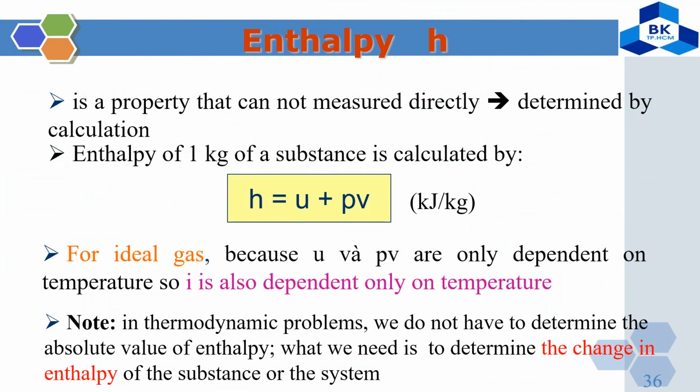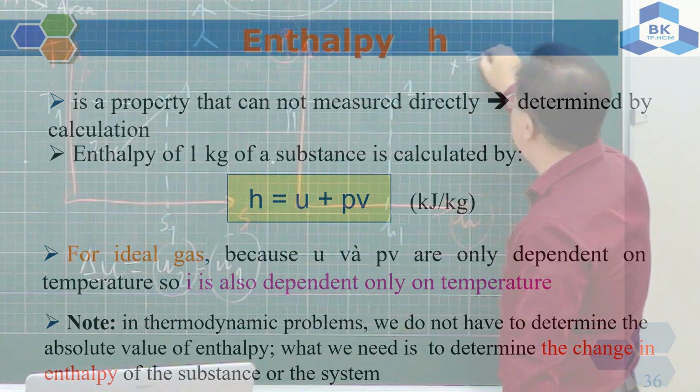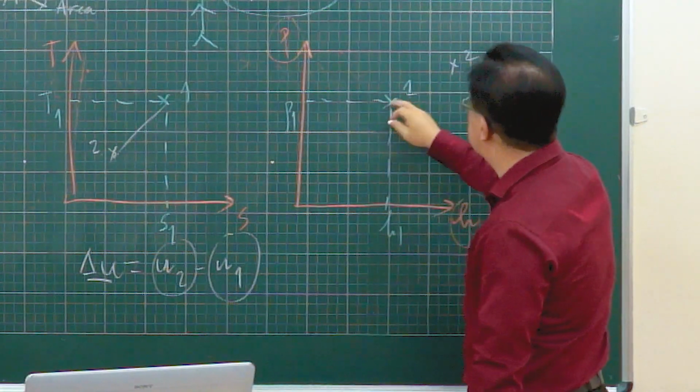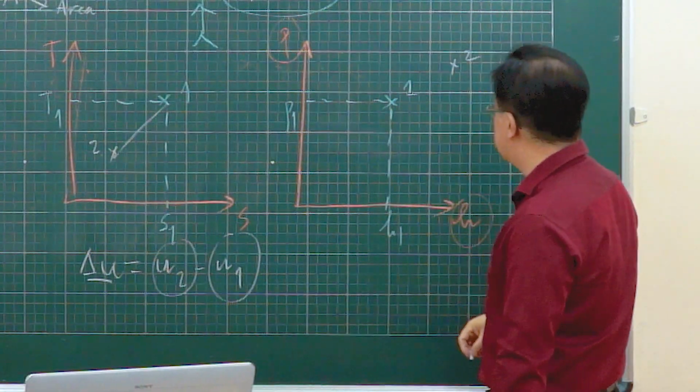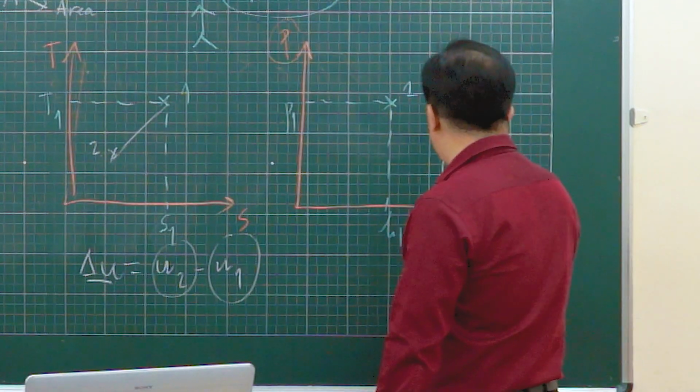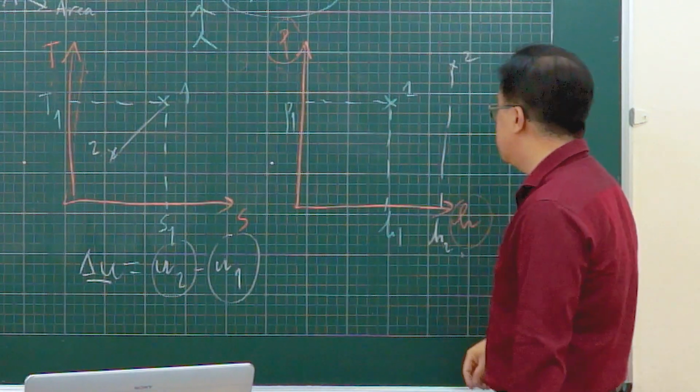And again, similar to the internal energy, for the enthalpy we don't need to determine the absolute value. We just need to know the change of the enthalpy. For example, in this case, we have state 1 with H1 and state 2, where we got the H2.